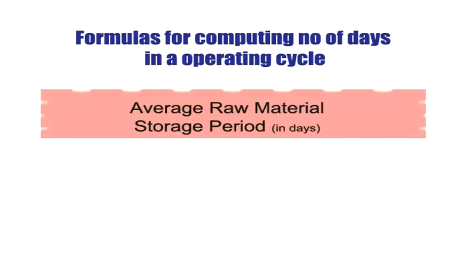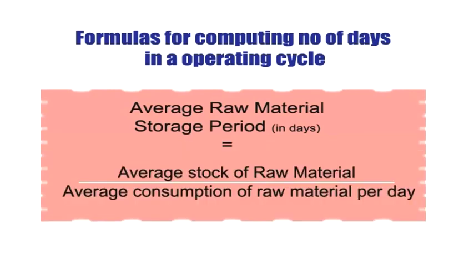Now, there are certain formulas by which R, W, F, D and C are computed. Let's see them on screen. The formula for average raw material storage period is average stock of raw material divided by average cost of raw material consumption per day.